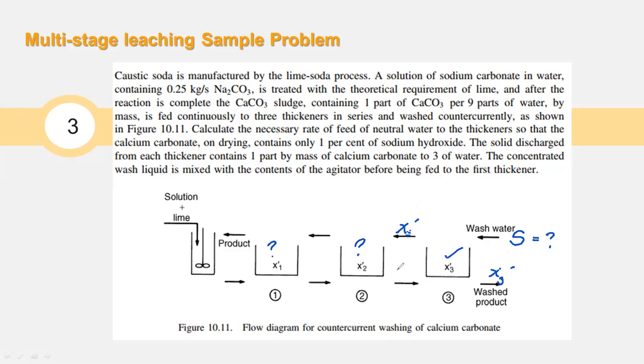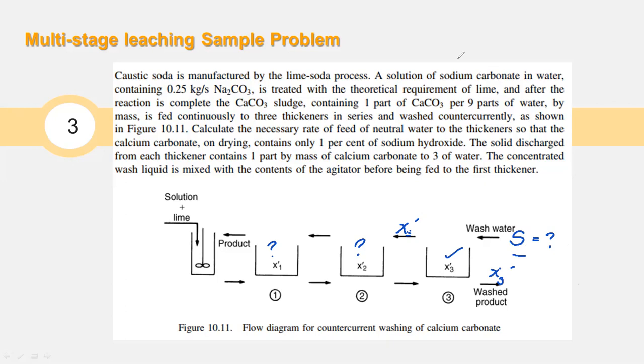So three equations with three unknowns would lead us to whatever unknown we want to solve. In this case, we are interested in the S. So now we'll go to the representation of the concentration of the underflow for thickener 1.